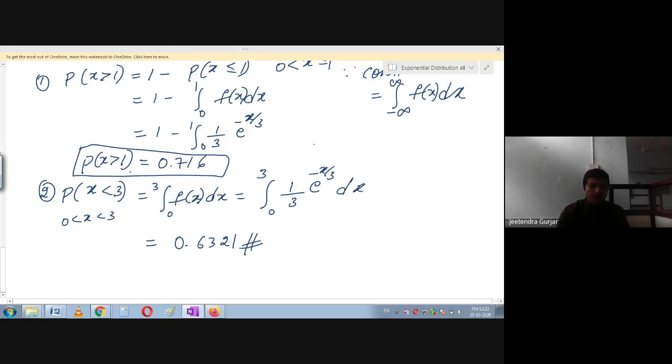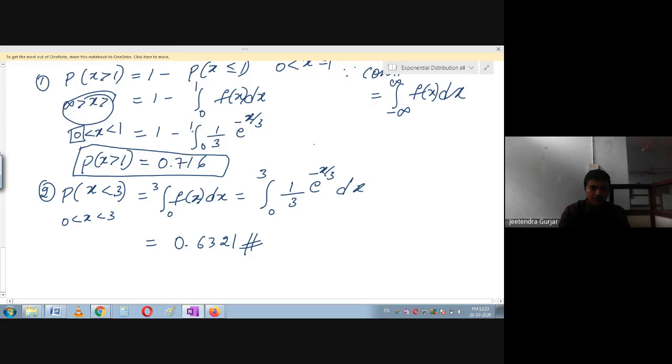Very good. Because here what happens, the upper limit is infinity, and if the upper limit is infinity we cannot simplify. Therefore, if you reverse this, what happens? It will be like this: 0 less than x less than 1, because the lower limit will never cross 0. So the lower limit will be 0.